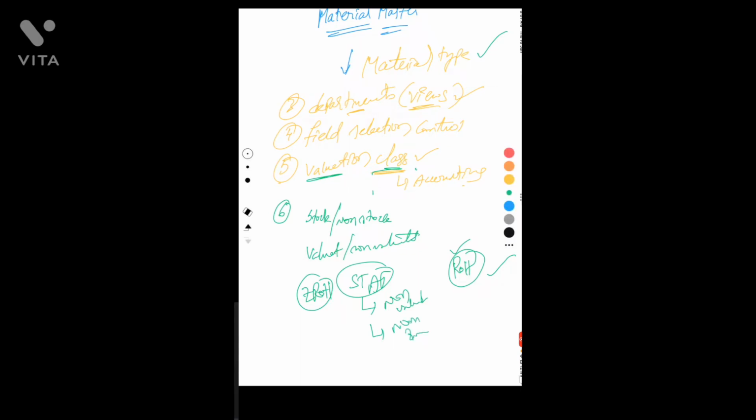So basically I can restrict at the material type level whether the material is valued or non-valued stock, or whether it is an inventory or non-inventory stock.